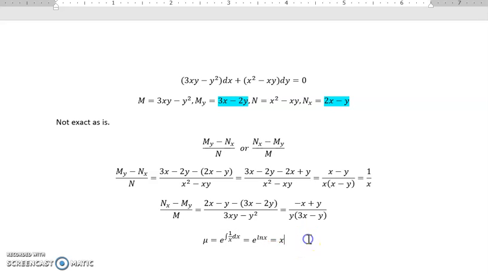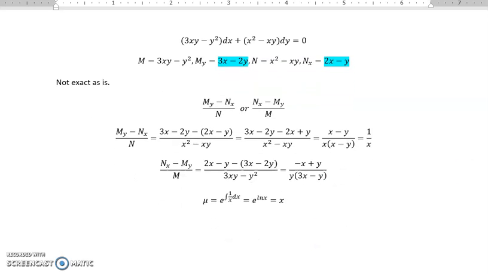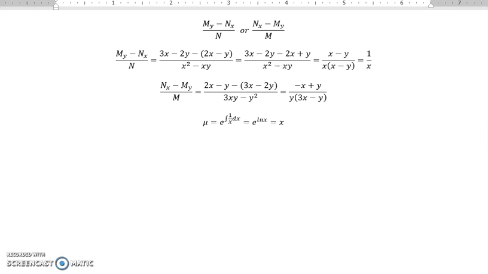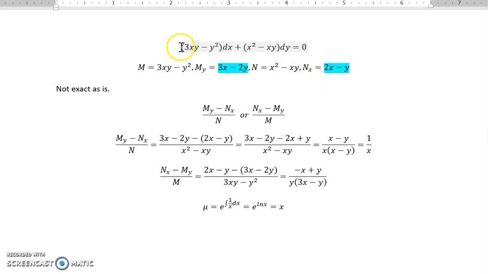So now we're going to take this integrating factor, and multiply it through the entire original equation. So let's take our original equation, and we're going to multiply x everywhere. x by that, and x by that, and x by 0 is 0.